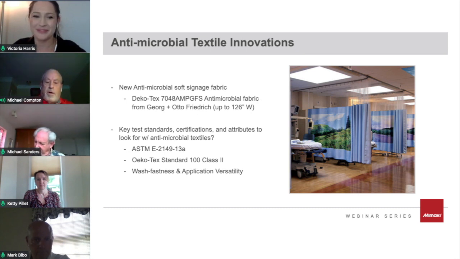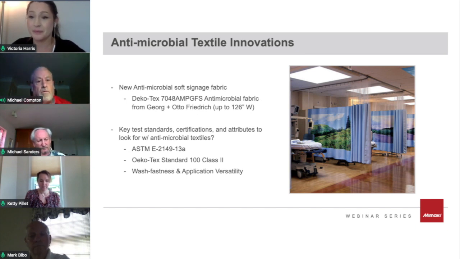Some of the key standards are, and I won't list out the whole ASTM name, you can see it in front of you, but what this ASTM certification means is that the fabric with the antimicrobial finish prevents 99.9% of bacteria and mildew from forming on the fabric, which is exactly what we're looking for, especially when we get into the soft signage part of this.